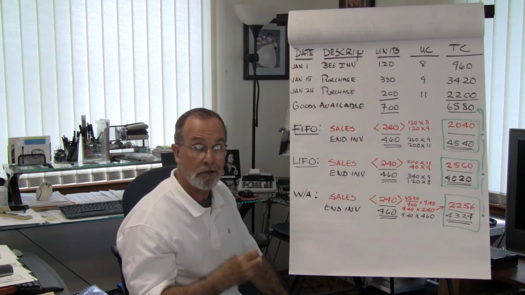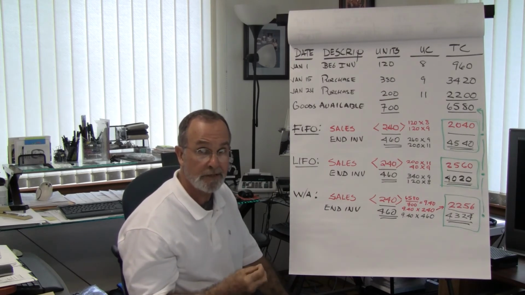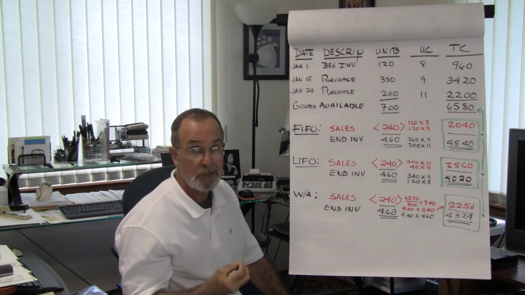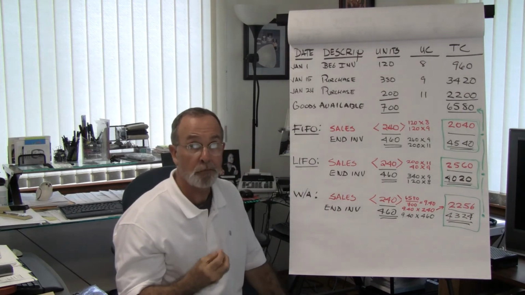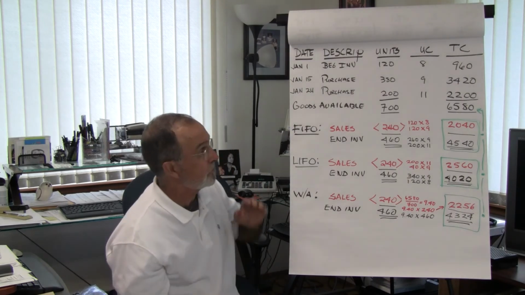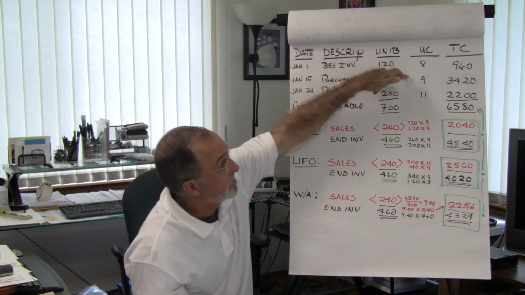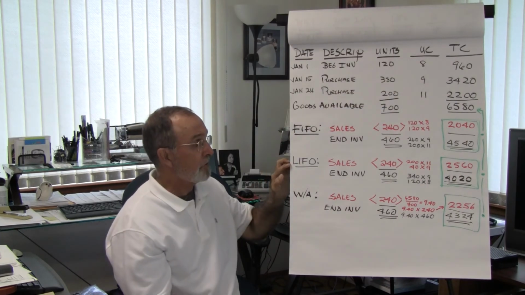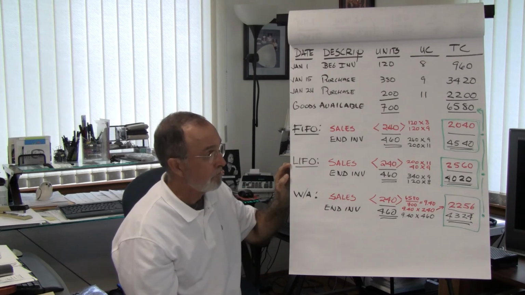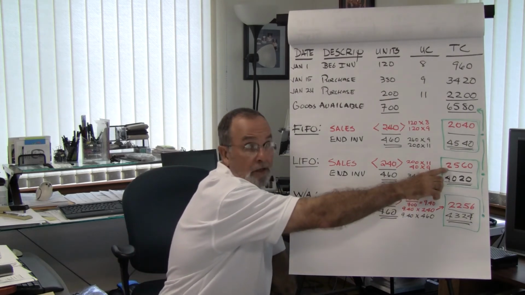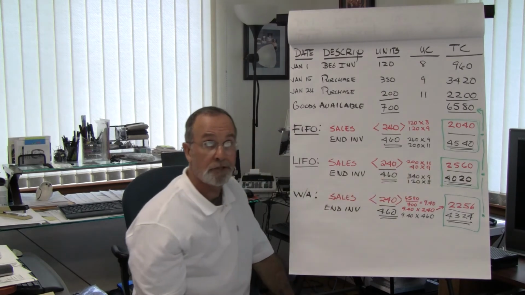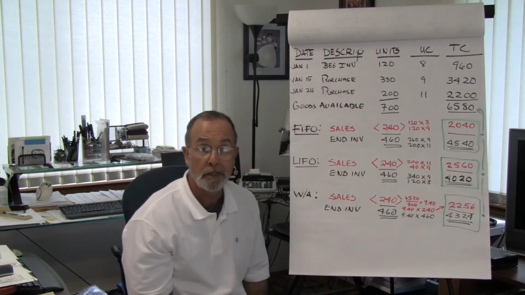And since cost of sales is an expense, if we have a higher expense, that means our net income will be lower. So let me repeat, during inflationary times when costs are rising, when we use LIFO inventory costing, our costs assigned to sales, our cost of sales, are higher, resulting in lower income.